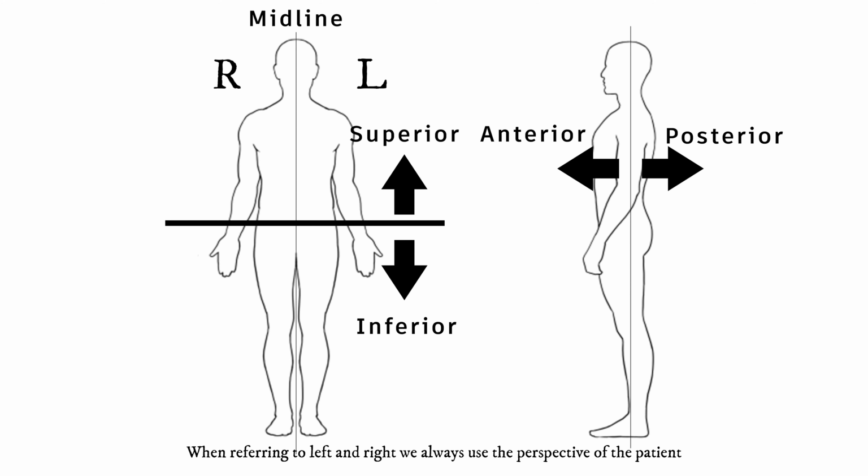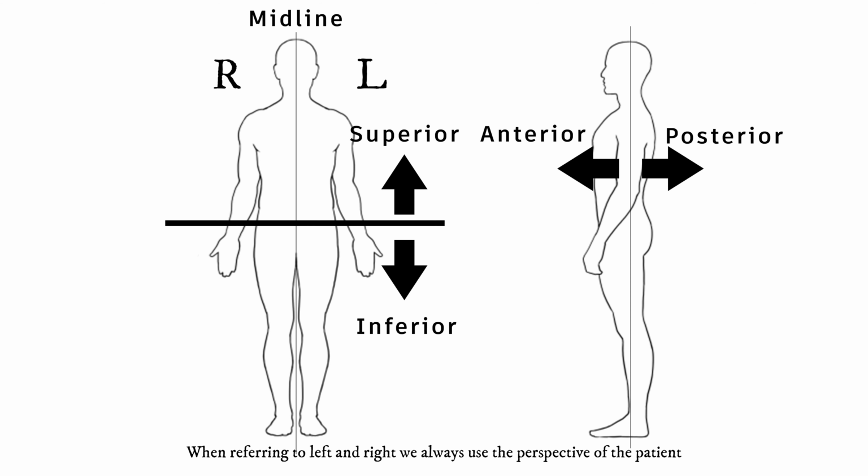And again, these terms are used to identify the location of a certain organ or spot or wound or whatever that may be, right? So you could say the sternum, the breastbone, is anterior to the spine. Or vice versa, you could say the spine is posterior to the sternum. And that way you indicate whether it's to the front or to the back, right?